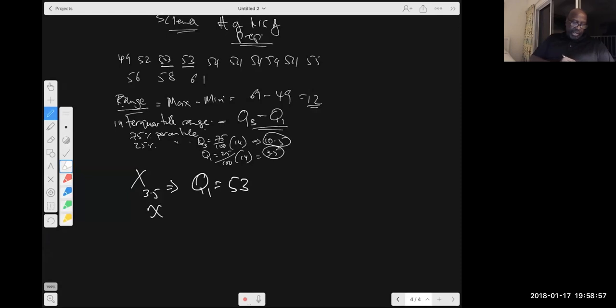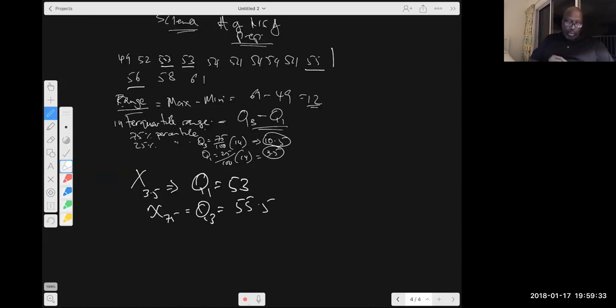The third quartile, Q3, we're looking at 10.5. Let's find the 10th value: 1, 2, 3, 4, 5, 6, 7, 8, 9, 10. Location 10.5 would be between 55 and 56. Because we have a 0.5, we need to go halfway between those two numbers, and halfway between 55 and 56 is 55.5.